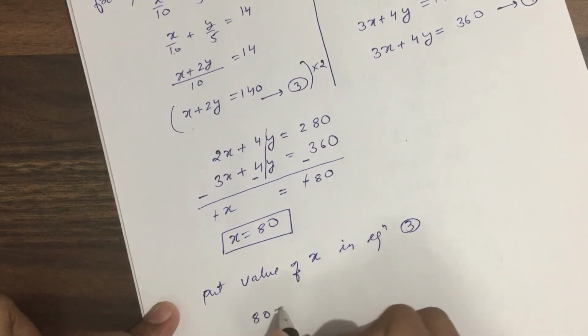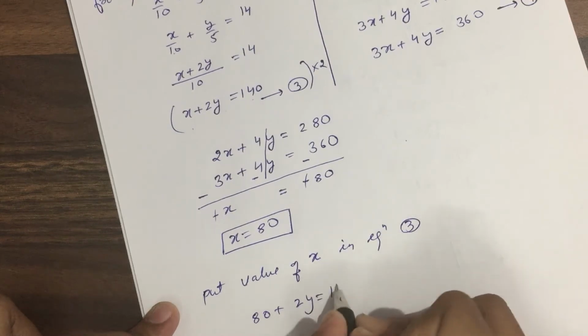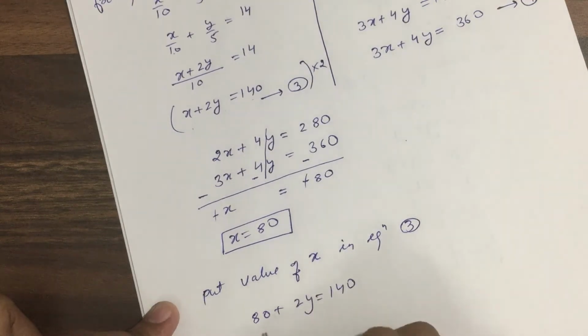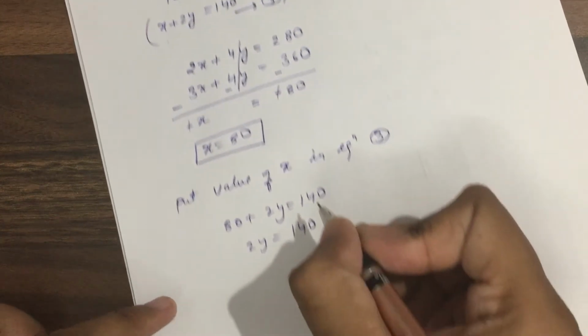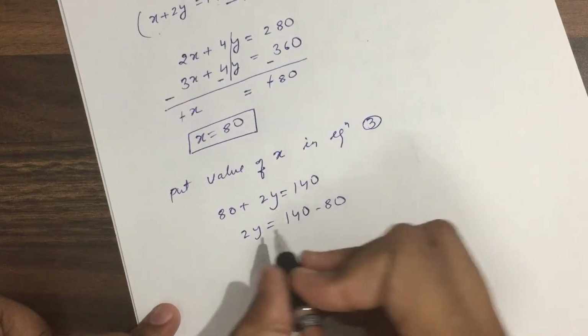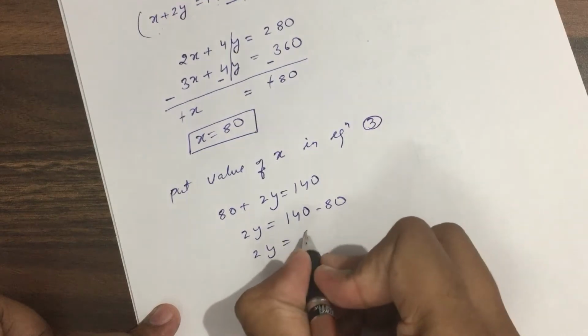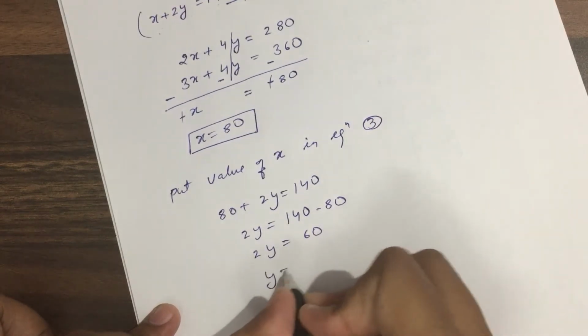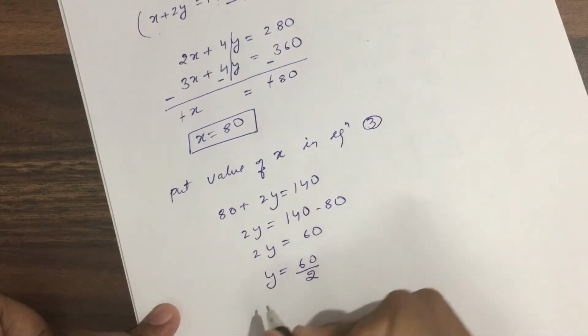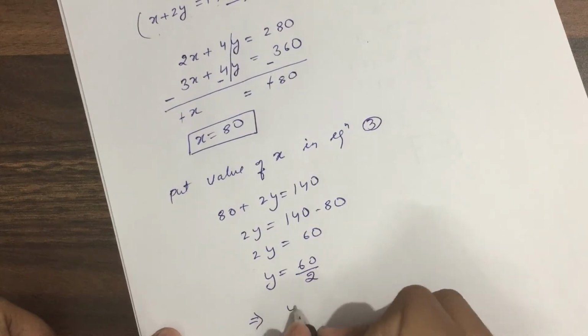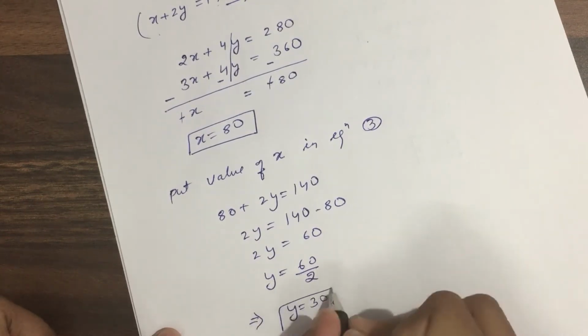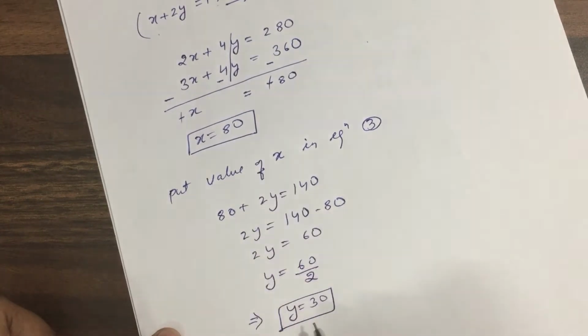So 80 plus 2y equal to 140. Okay, so 2y equal to 140 minus 80. So 2y will be equal to 60. y equal to 60 upon 2. This will give you y equal to 30. So x is equal to 80 and y equal to 30 is your answer.